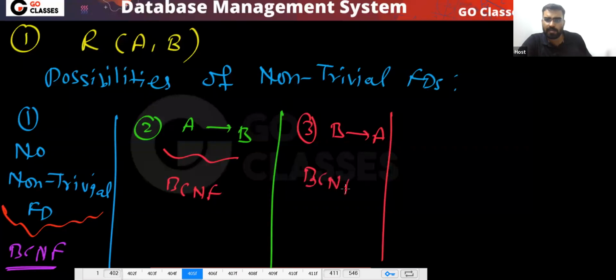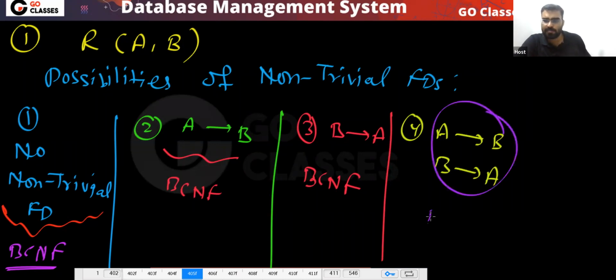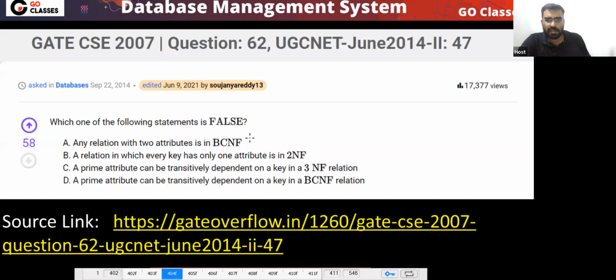And the fourth, A determining B and B determining A, then also BCNF. So there is no violation. If you have two attributes, your relation will be in BCNF. So this statement is actually true.